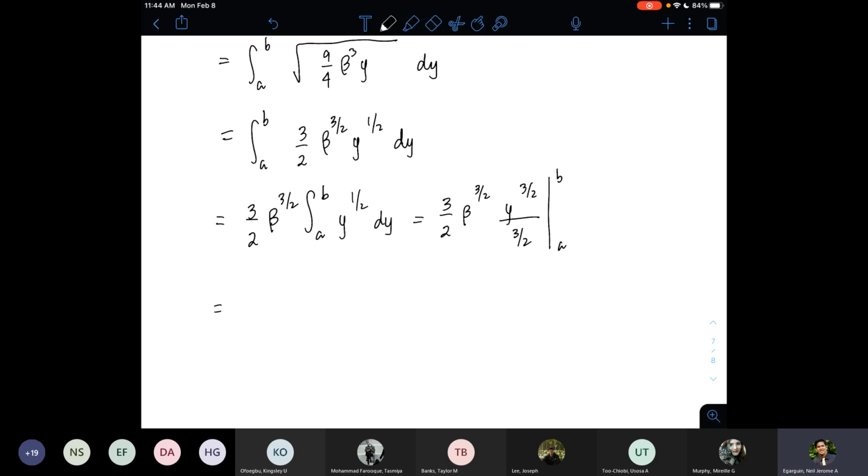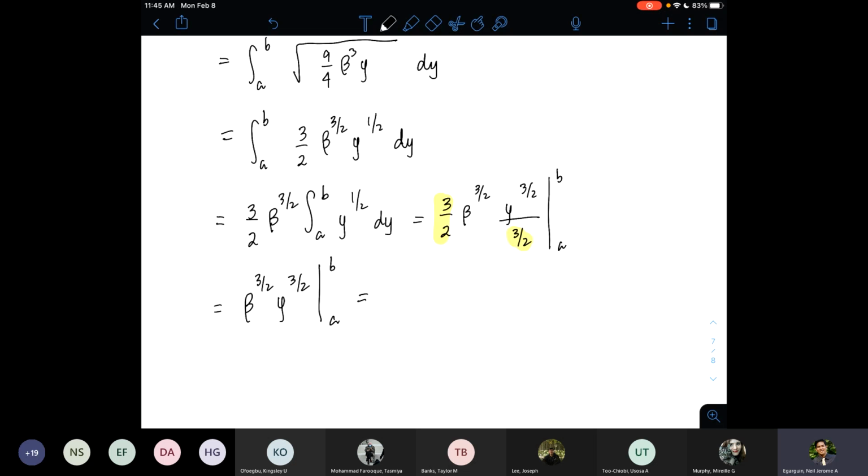And then I can take care of the 3 halves here. That will become a 2/3 in the numerator, but I have a 3 halves earlier, so they will sort of cancel each other out. So we'll just have beta to the 3 halves evaluated from a to b.